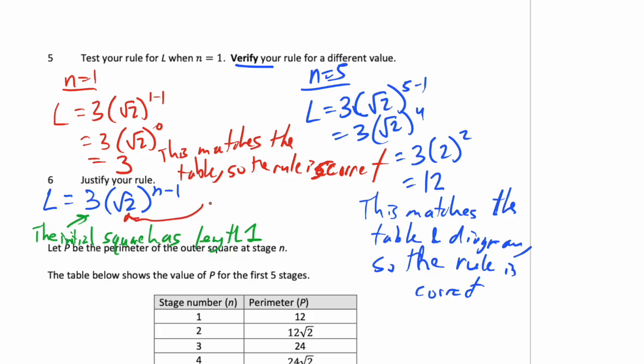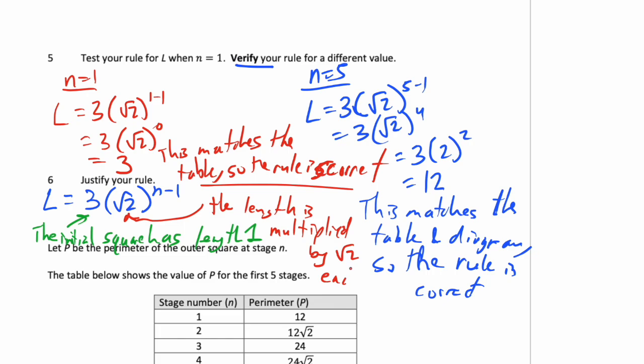Okay, the length is multiplied by root 2 each time. And it's n minus 1. So I shouldn't have cramped this in here. N minus 1 since we start with n equals 1 rather than n equals 0.